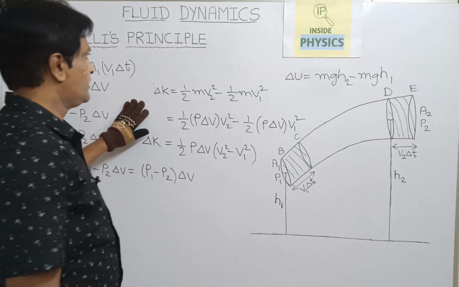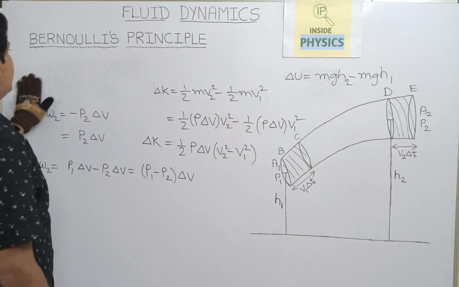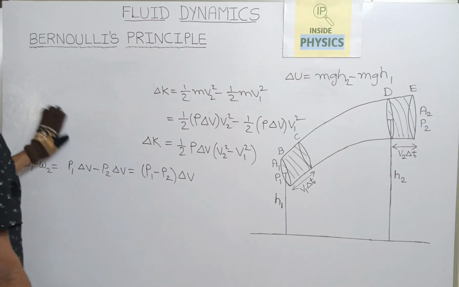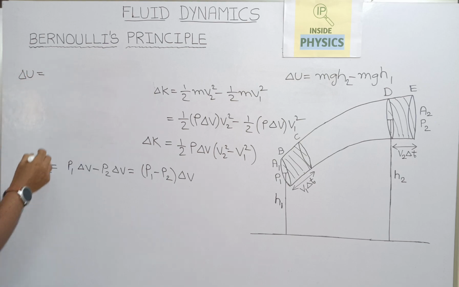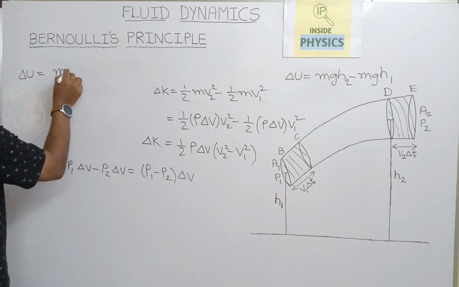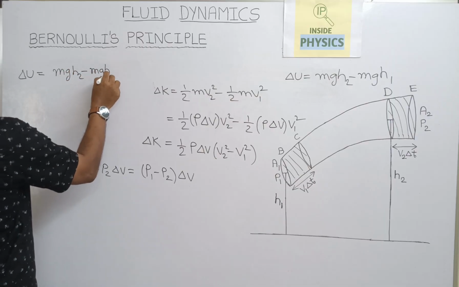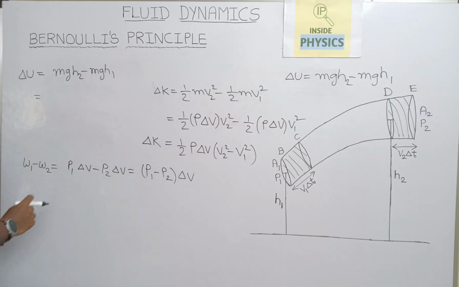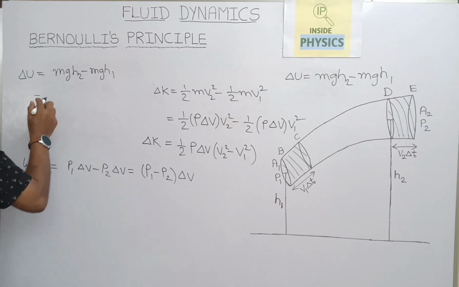So delta U, where U is potential energy, must be mg h2 minus mg h1. We know that mass is nothing but density into volume.